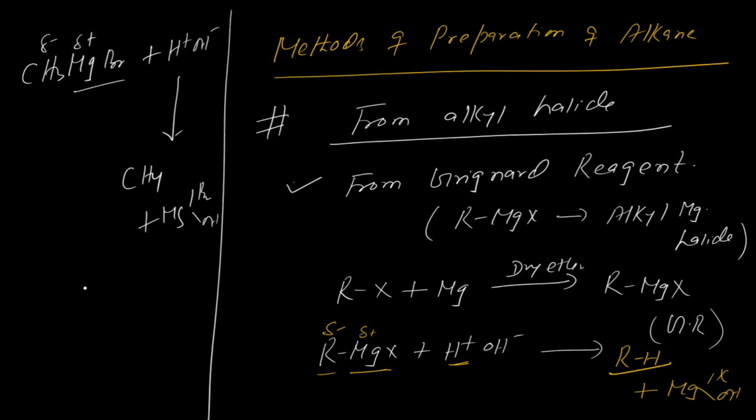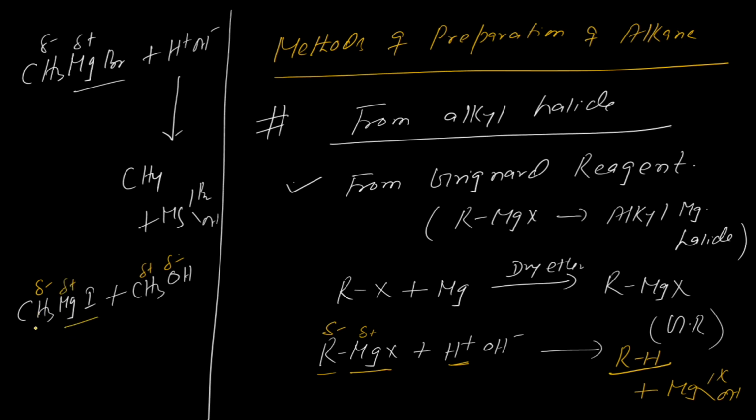One more thing is that the Grignard reagent when reacted with alcohol also gives alkane. Suppose we take the Grignard reagent like CH3MgI, and it reacts with CH3OH. Again the charges will develop accordingly. So this is the negative charge, this is the positively charged alkyl group. But in the case of Grignard reagent, the alkyl group is more electronegative so it is negatively charged, and magnesium is less electronegative, so it is positively charged.